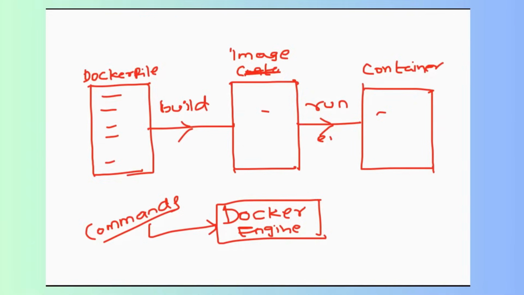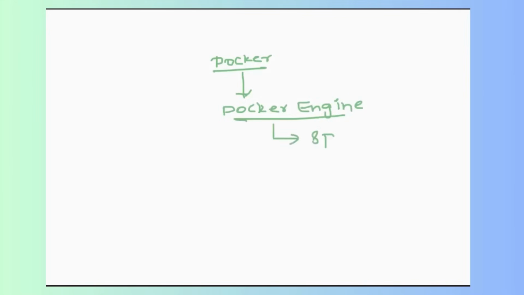The problem here is that Docker is very much dependent on something called the Docker engine, and this Docker engine is basically a single point of failure. What is SPOF? It's a single point of failure. Now let's say if the Docker engine is down for some reason, that means all your Docker containers will stop working.